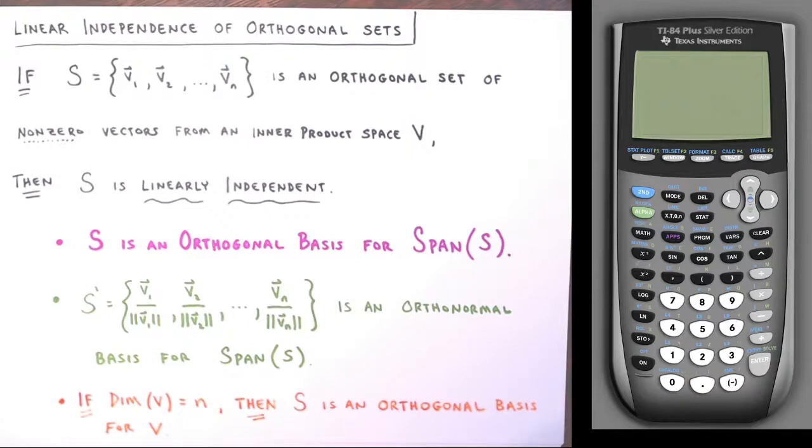And if you were to divide each vector by its norm, you get a new set that's an orthonormal basis for the span of S. And if you ever come across a vector space where the dimension is the same as the number of vectors in your orthogonal set, then that orthogonal set will be a basis for the vector space.